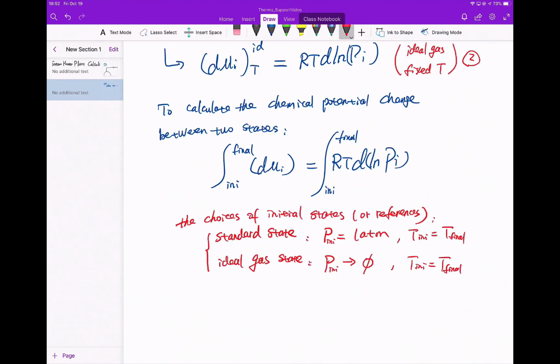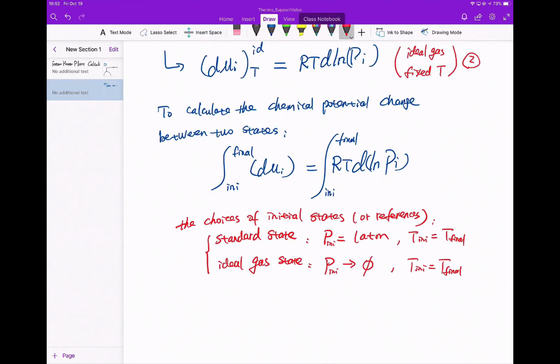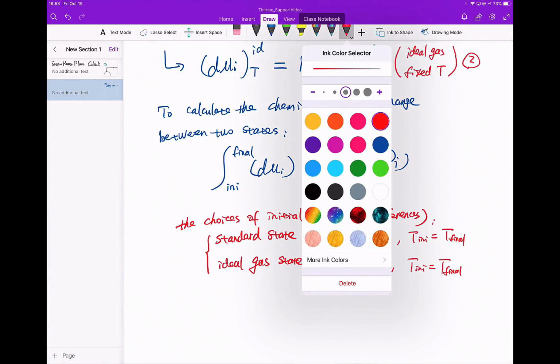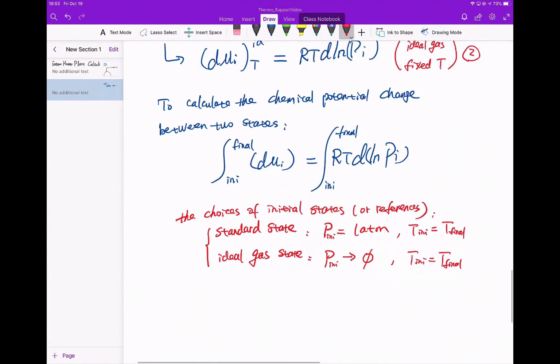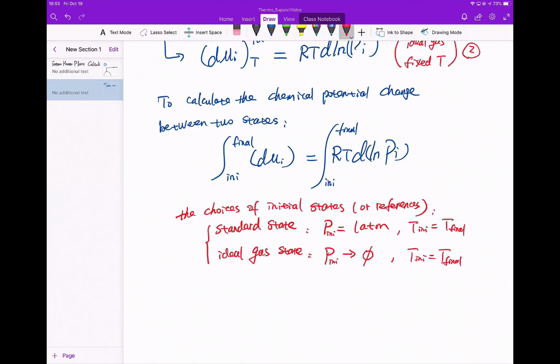Then of course I don't have that equation 2, but in order to make use of that idea he defined, now we have the second use of the equation 2, which is to define fugacity, which is effective partial pressure.